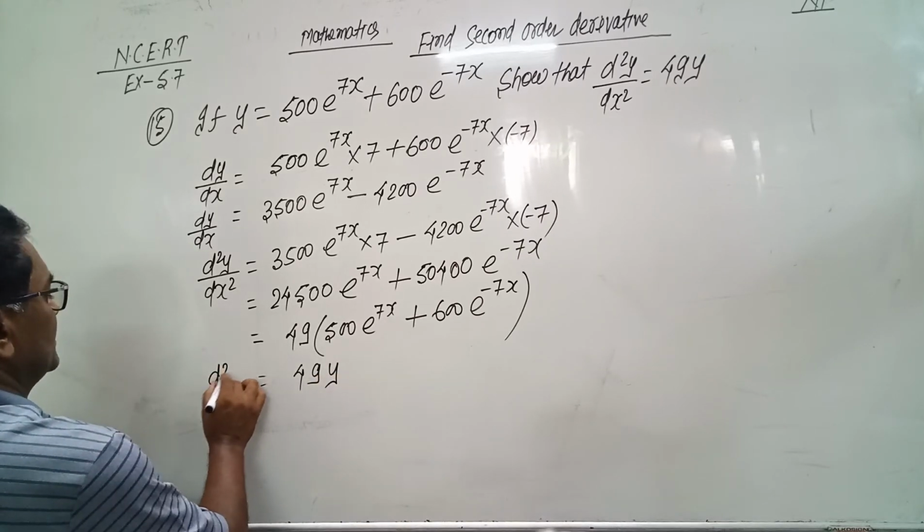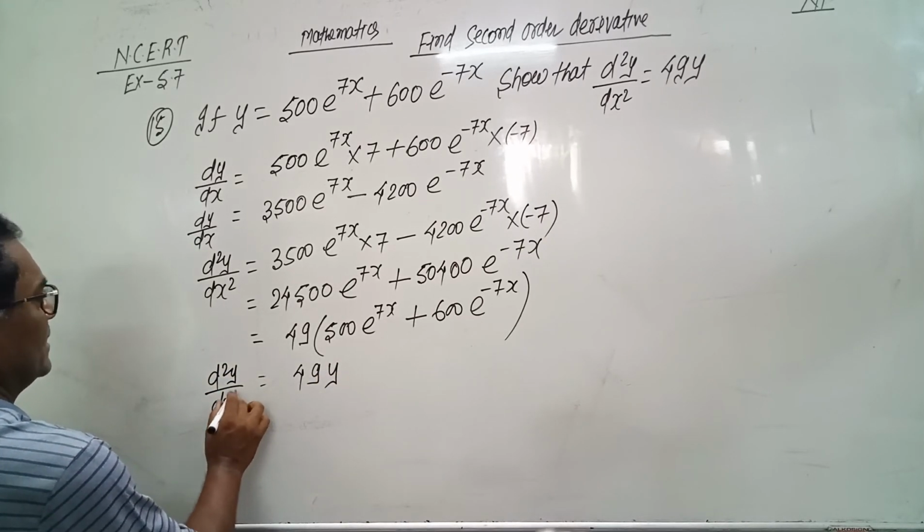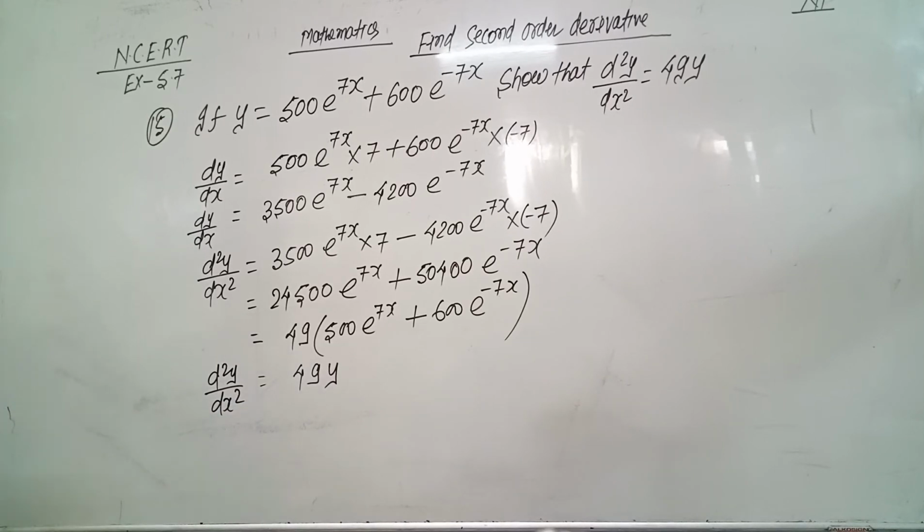So double differentiation d2y by dx square comes to be 49y.